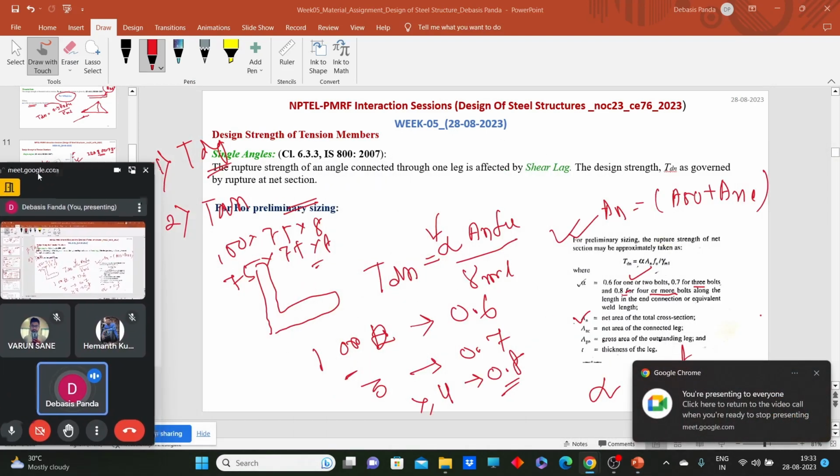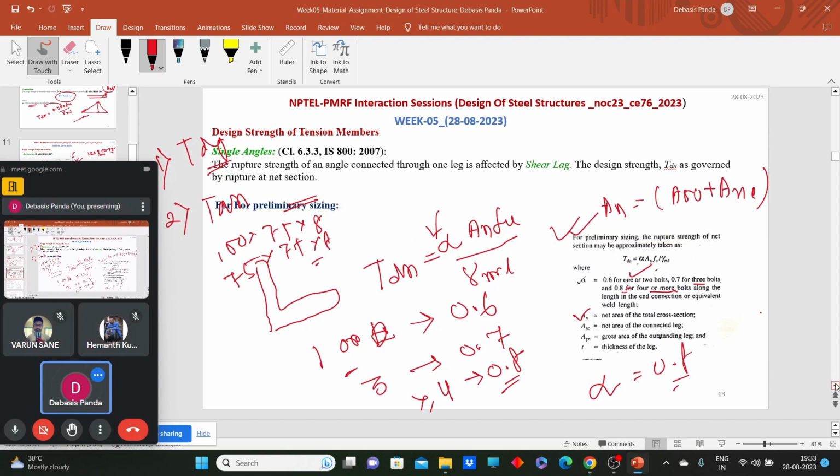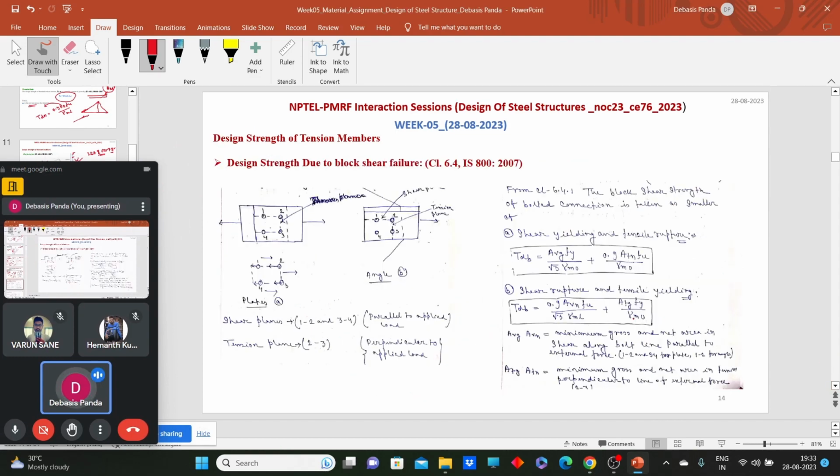In block shear failure, what we have learned is that it is associated with a shear plane and a tension plane. Firstly, we will learn block shear failure for a plate section, and then for an angle section. Our code says that block shear strength should be checked against two criteria.